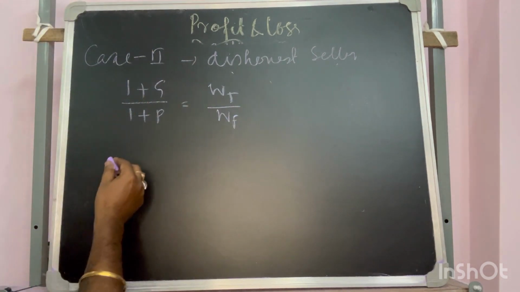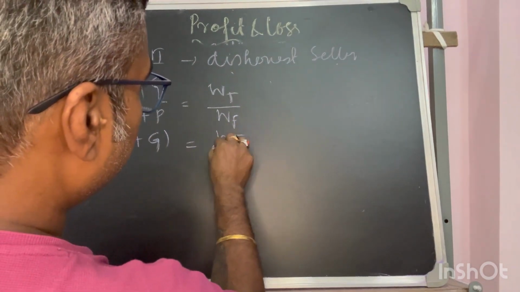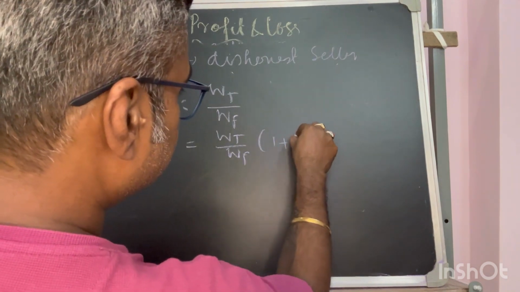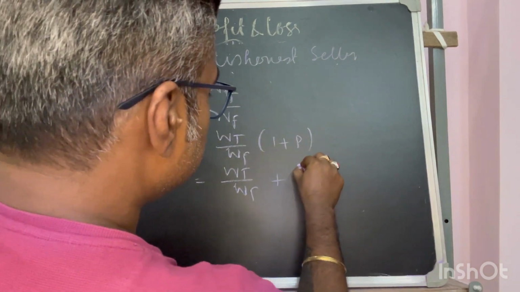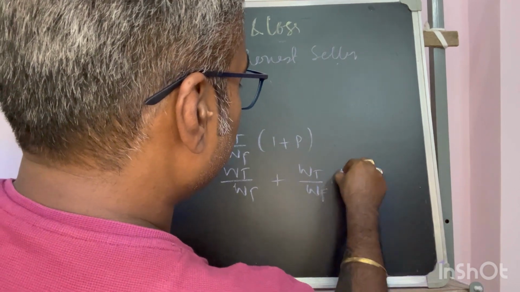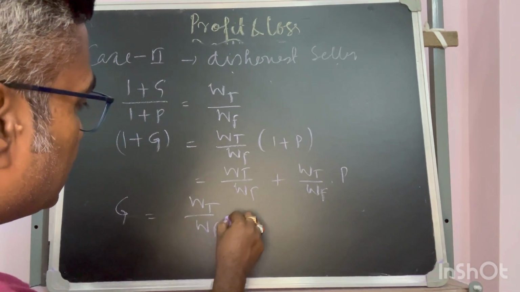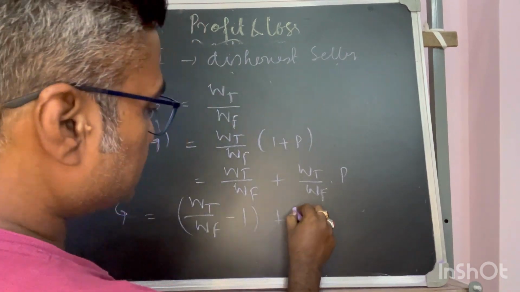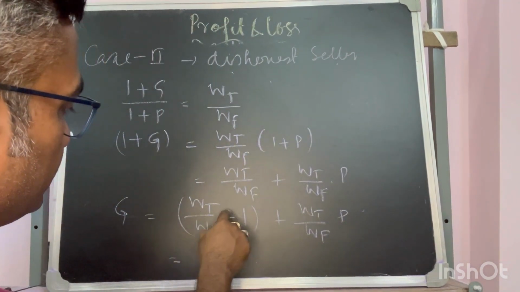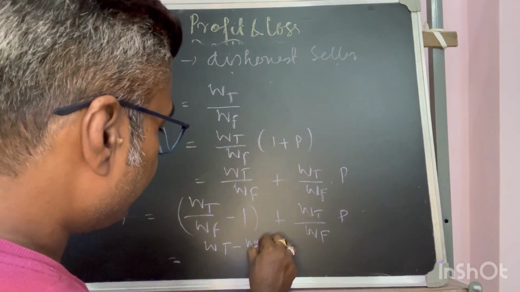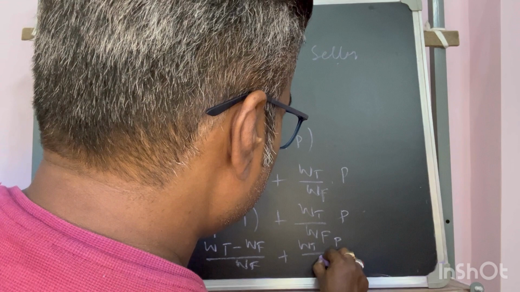Okay, now from this we will establish some equation of gain, WT by WF into 1 plus P. So we can write WT minus WF plus WT by WF into P. So we'll get it minus WF by WF, I will use it here, minus 1 plus WT by WF into P. So this will become WT minus WF by WF plus WT into P by WF.